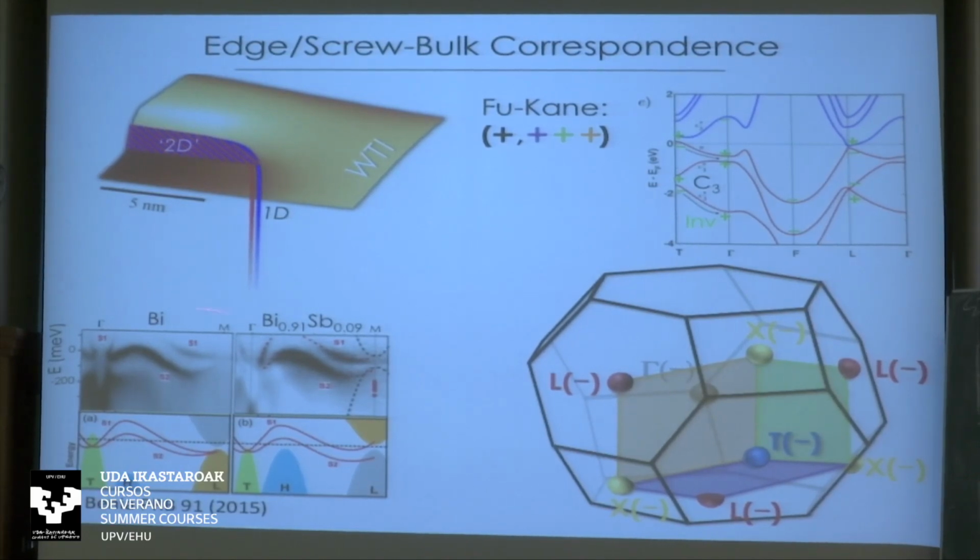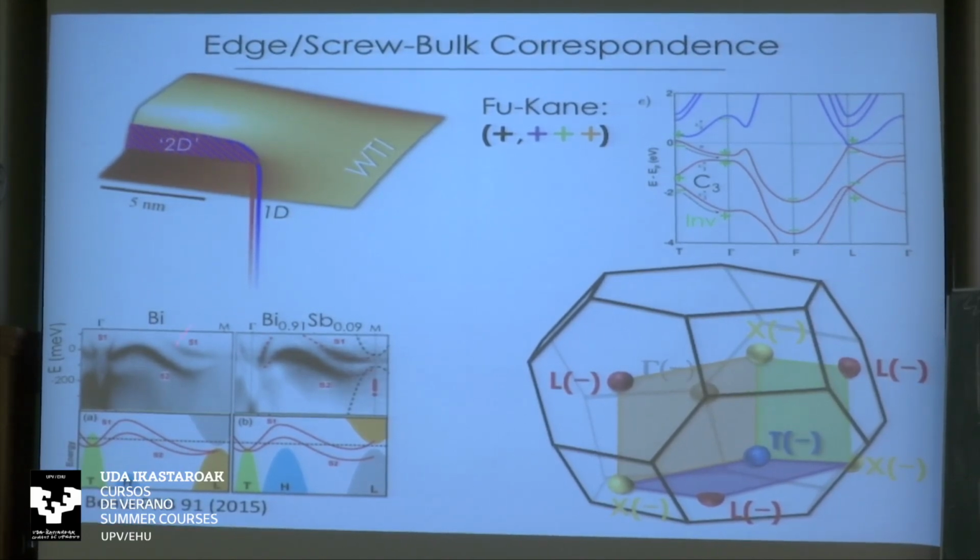No one really ever sees the bulk bands around the M point. This is, okay, never mind, let's wait for this. So this is an ARPES study of how bismuth evolves into a 3D topological insulator as it is doped with antimony. Bismuth antimony was the first 3D TI that we came to know. I'm about to finish.